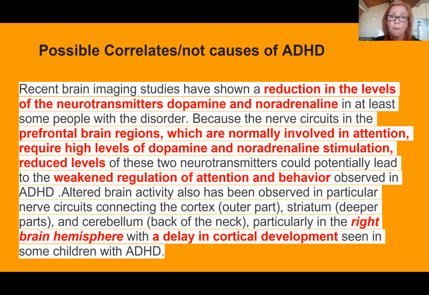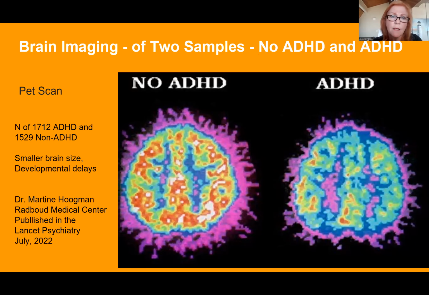They're saying that there is a reduction in the level of neurotransmitters, these two particular ones, and they affect the prefrontal. Would you go back to the other slide? So they affect the prefrontal lobe and the cerebellum back here.